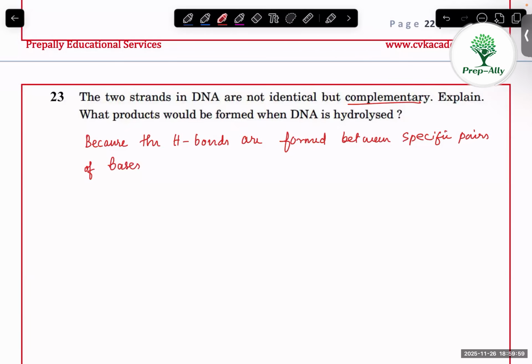Or if it is too much for you, you can also write that it is complementary because adenine can only form bonds with thymine, with two hydrogen bonds, and guanine can only form with cytosine, with three hydrogen bonds. You can also write like that.